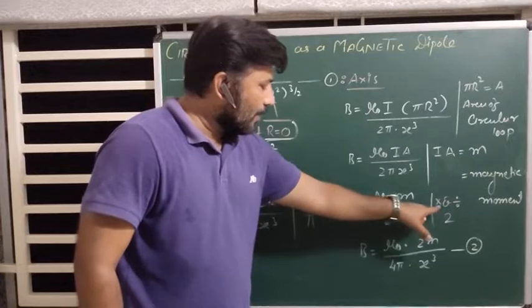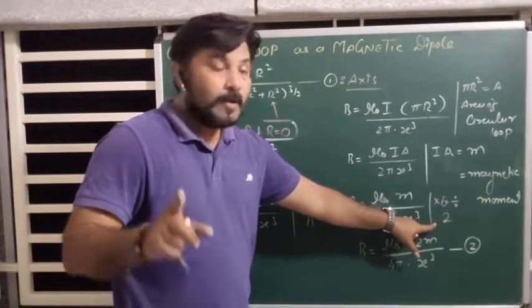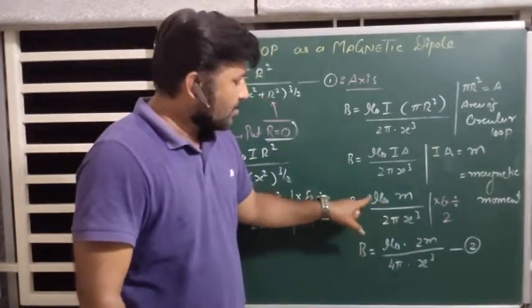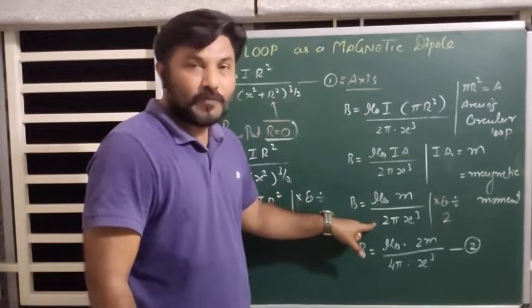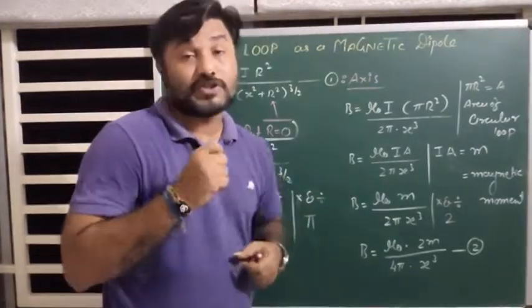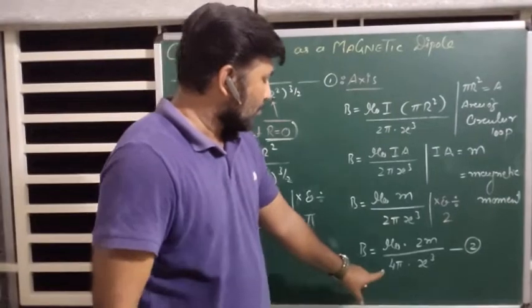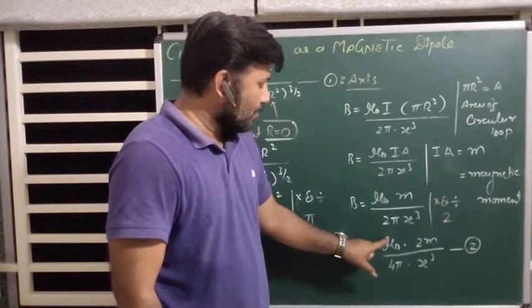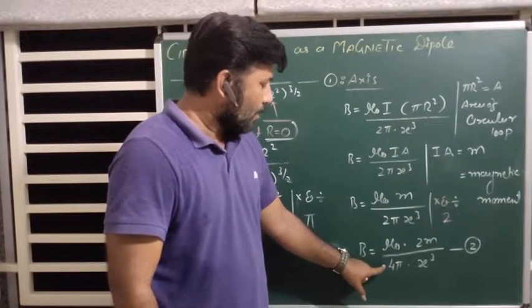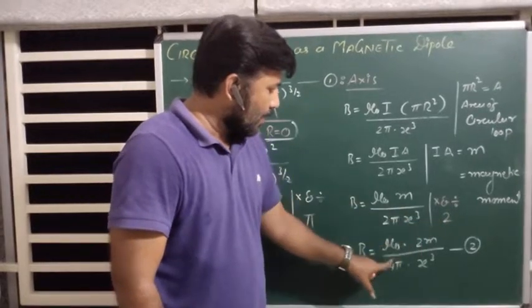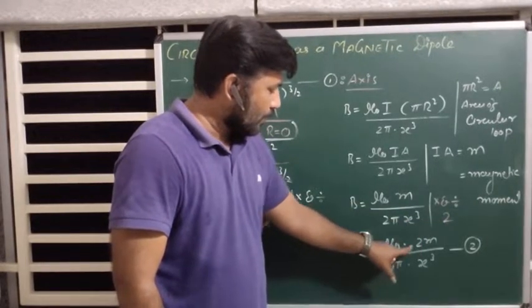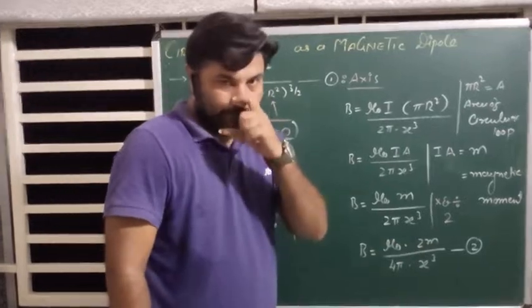Then after, multiply and divide by 2. Why? Because here generally we are taking the equation mu 0 upon 4 pi. Why? Because it is a constant. Got it? So this is the equation mu 0 upon 4 pi, multiply and divide by 2. So here 2 to the 4 and 2 as it is. Got it?